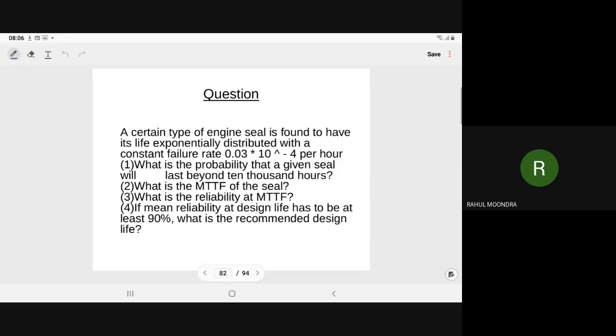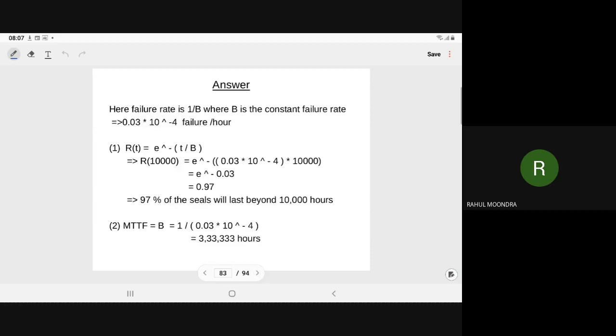So you have to compute the probability that it will be functioning up to 10,000 hours. The constant failure rate is given as 0.03 into 10 to power minus 4 failures per hour.